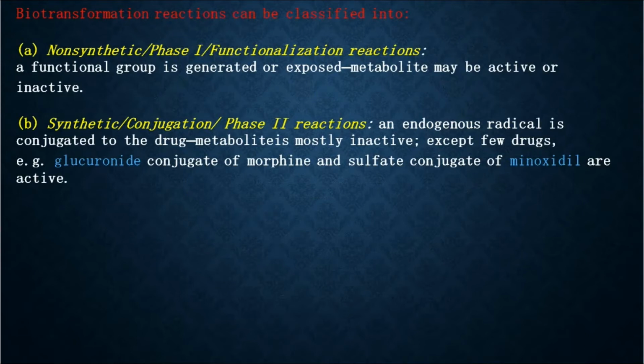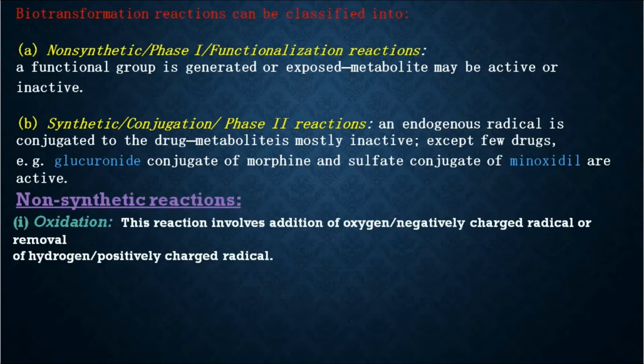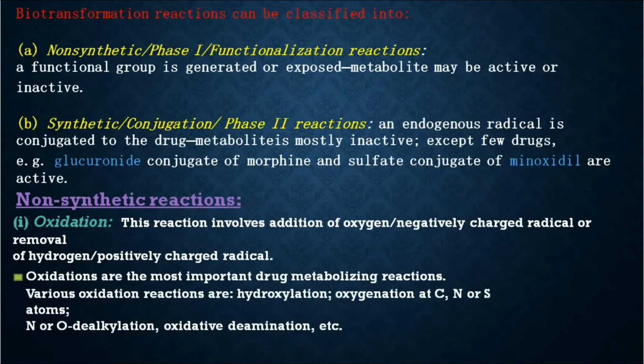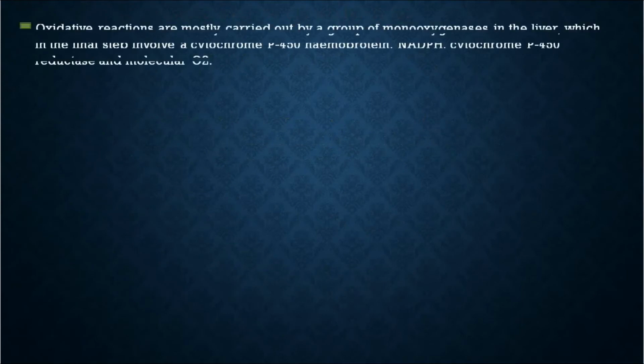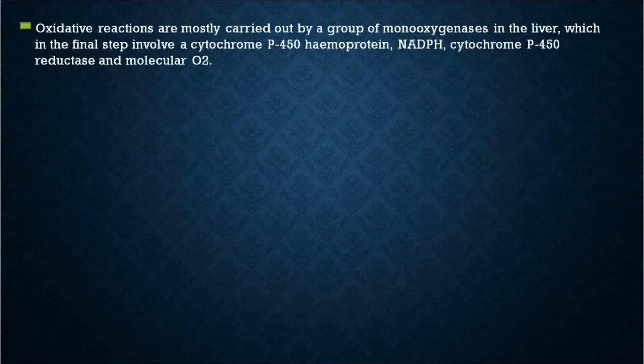Starting with non-synthetic reactions, oxidation means addition of negatively charged radical or removal of positively charged radical. They are the most important drug metabolizing reactions, for example hydroxylation, oxidative deamination. They are mostly carried out by monooxygenases in the liver.